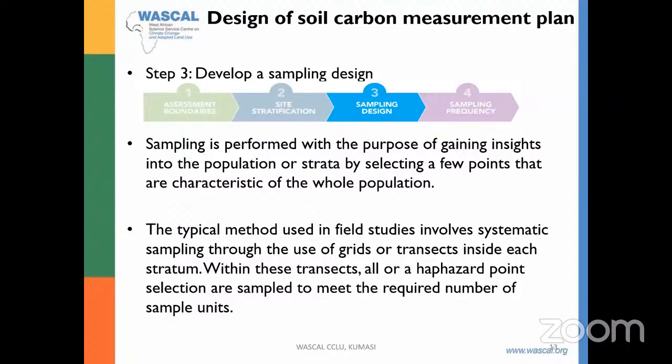Also, sampling design has to be performed. In performing the sampling design, we will look into areas where we can get insight into the population or the structure that has been selected. So typically, we can use grid sampling, we can use transects for our study area.